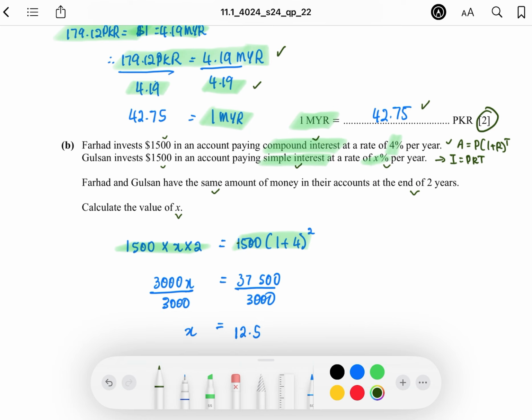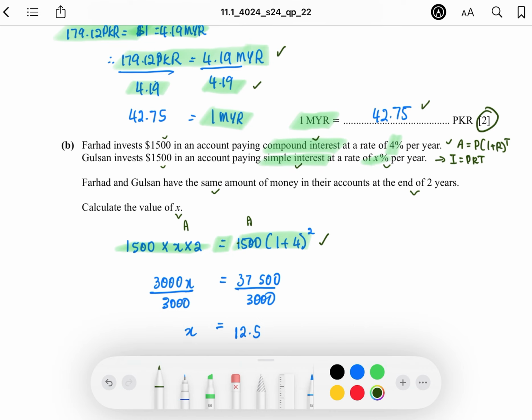If it's equivalent, it should be the amount and amount. So the amount for Farhad, that's correct.